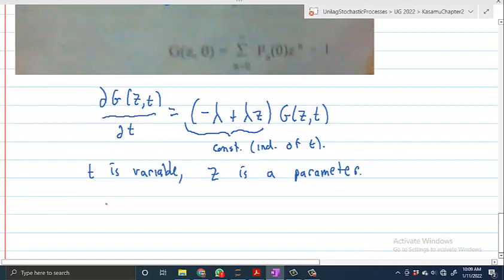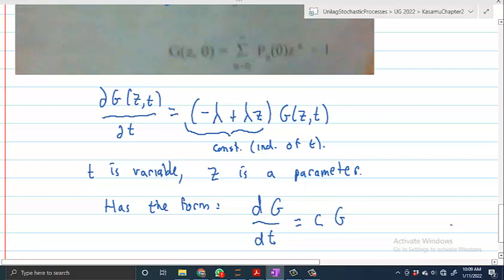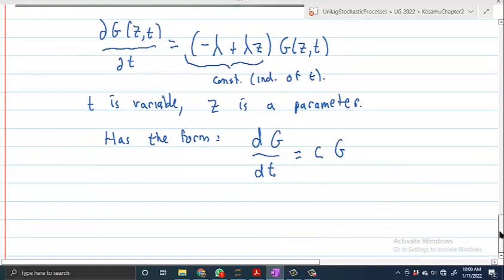So this equation has the form, since I'm only dealing with one variable, instead of writing partial with respect to t, I'll just write it as a derivative. And this is equal to some constant, which I can call c, times g. I hope this is a familiar differential equation to you.